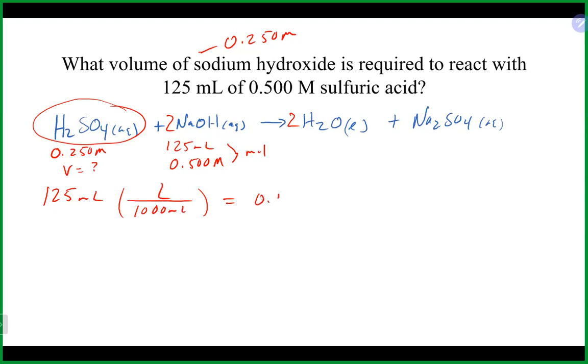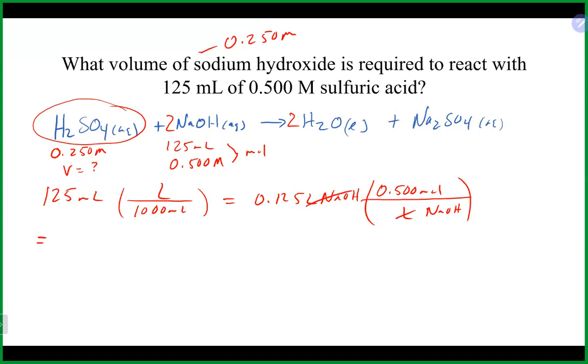That'll give us 0.125 liters of our sodium hydroxide. We're going to convert our molarity into moles per liter and multiply by it. That will get rid of our liters of sodium hydroxide.